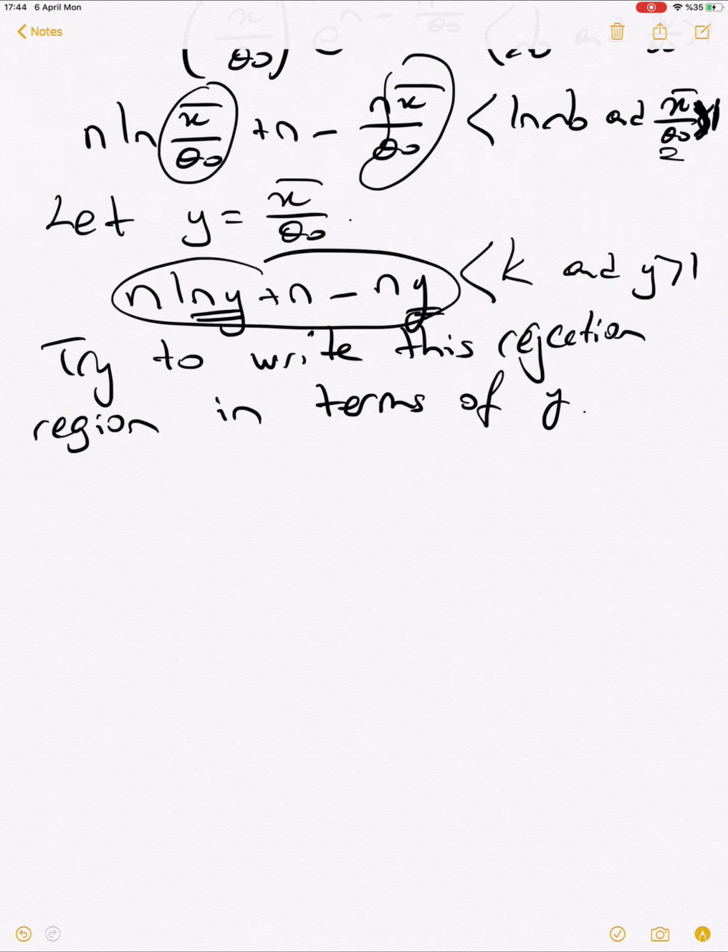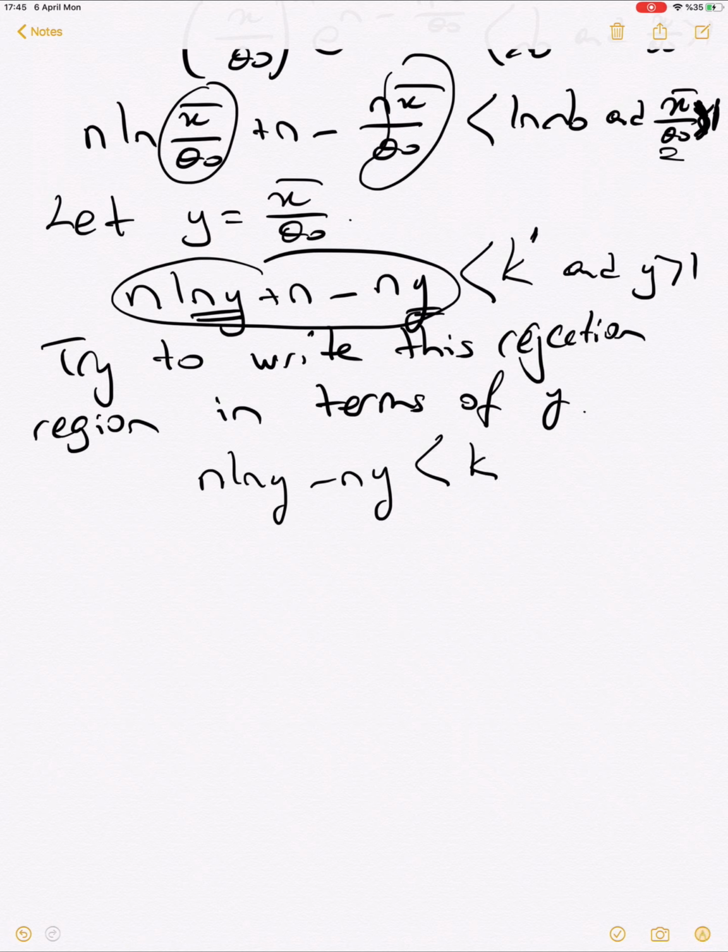So this function is just z. We want to see some constant. Let's write this quantity again: n ln y minus n y less than some quantity, k minus n, or let's put k prime here, then k.